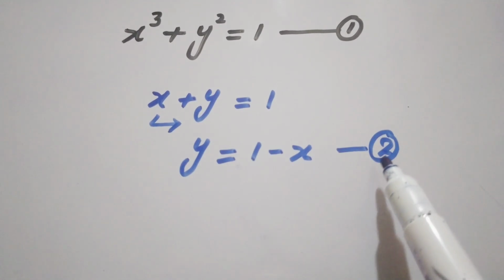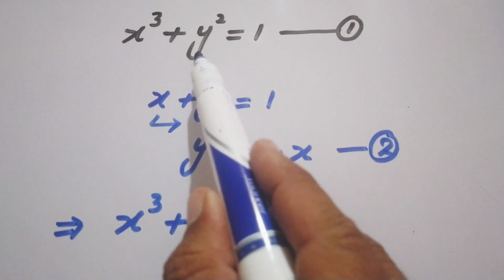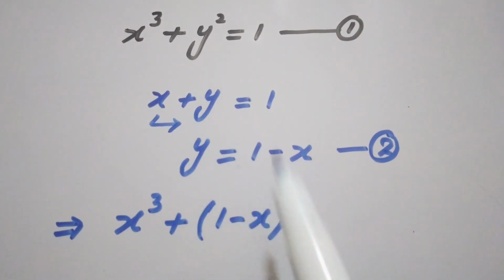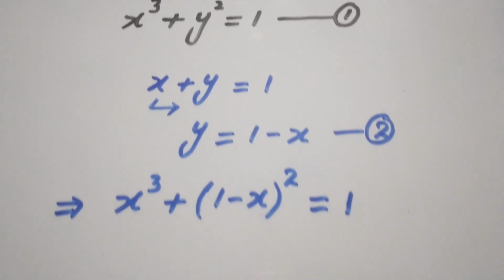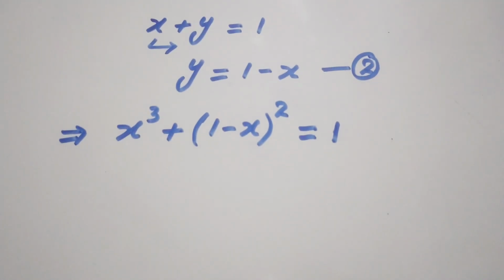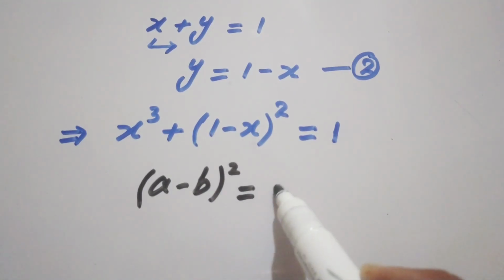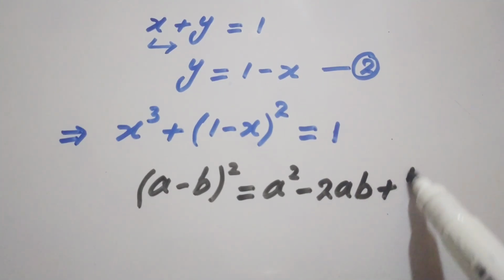Now using equation 2 in equation 1 we get x cube plus y squared, which is 1 minus x whole squared, is equal to 1. Now by using an algebraic identity, a minus b whole squared is equal to a squared minus 2ab plus b squared.